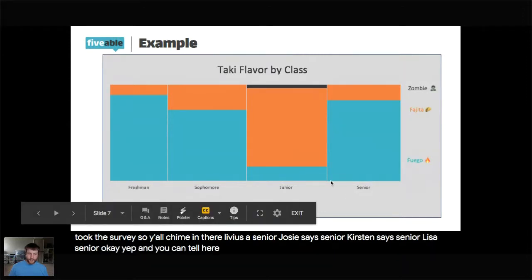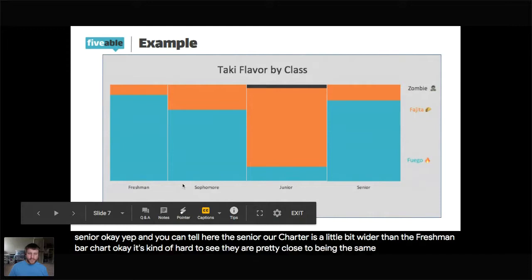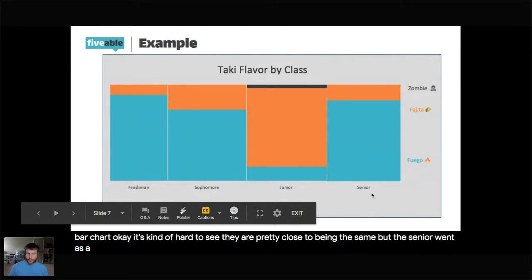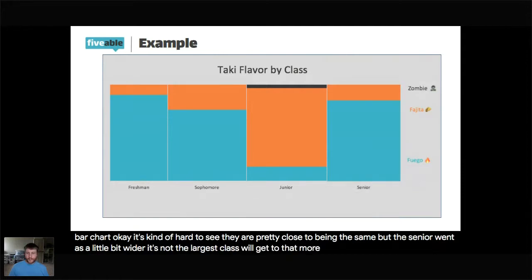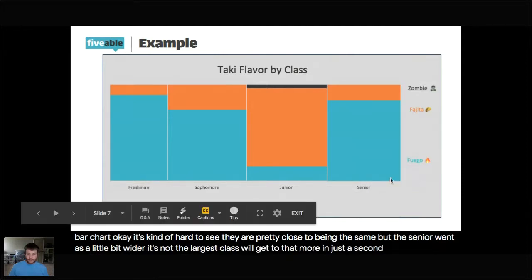And you can tell here the senior bar chart is a little bit wider than the freshman bar chart. It's kind of hard to see. They are pretty close to being the same, but the senior one is a little bit wider. It's not the largest class. We'll get to that more in just a second.